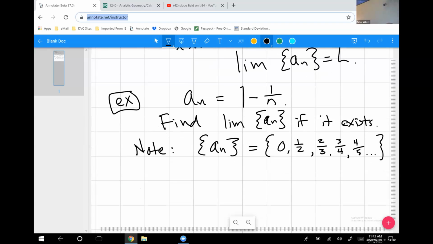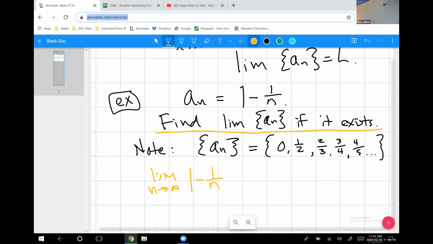So the goal is to find the limit of this sequence. So you can imagine that what you're trying to say is the limit as n tends to infinity of 1 minus 1 over n. So this, again, your immediate reaction would be to use the strategies that you had in chapter 2 to try to evaluate this sequence.